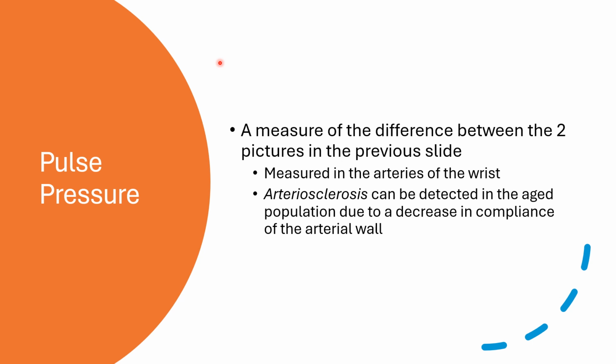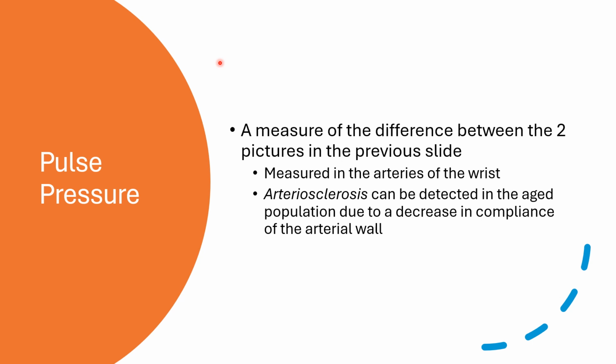So how do we use the arteries to tell human health? Pulse pressure is measured in the arteries of the wrist, and it is the difference between the two pictures in the slide that we showed before, the extended artery and the recoiled artery.